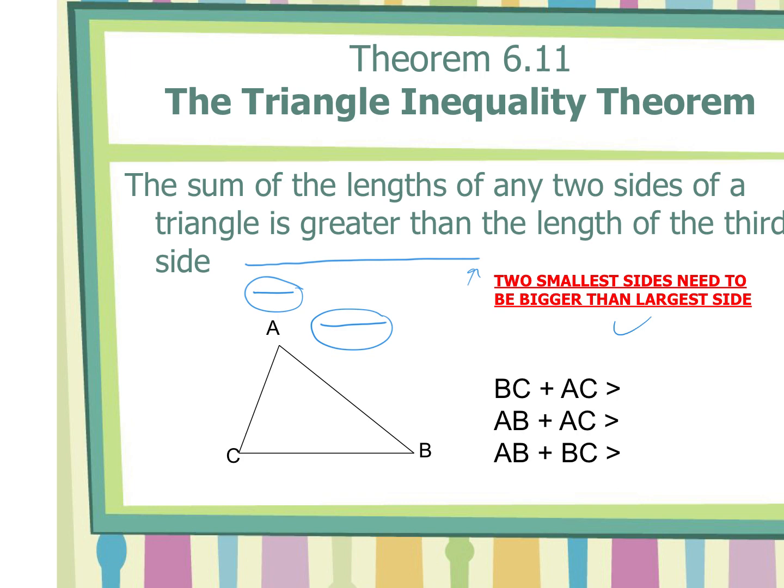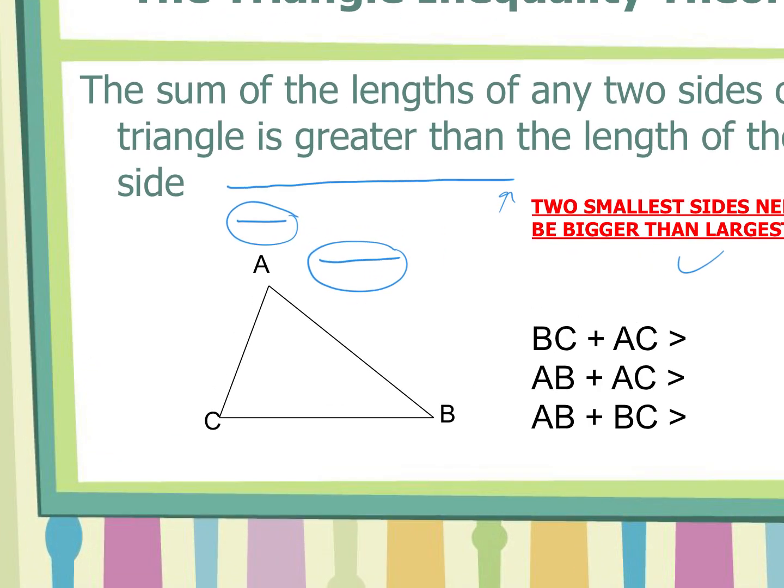So the triangle inequality theorem says if you add any two sides of a triangle, it needs to be bigger than the third side. So in the triangle given on the left, if we were to add BC and AC, it would need to be larger than what side? AB, okay, so let's fill that in there. If we added AB and AC, it would need to be larger than what side? BC, very good, or CB.